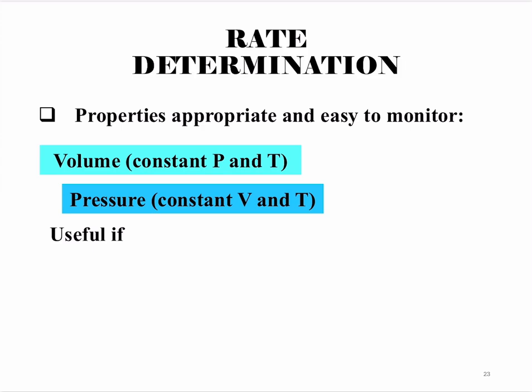And so this is useful if we have gaseous reactants or products. So even if you have two gaseous reactants, you start off with an initial pressure, and let's say they combine to form 3 or 4 products.